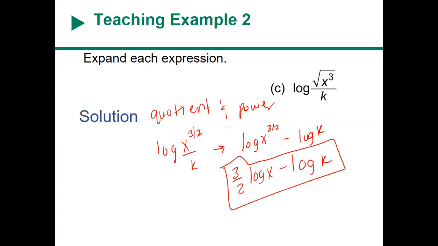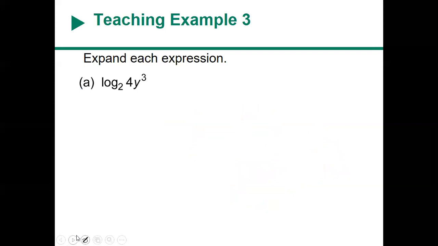How do we feel? Still good? All right. Let's do a little more. Okay, so now we have variables and coefficients, constants, all involved. So here I'm going to expand. So my plan for expanding this, I'm going to look at it and see what I have. Well, I have product and power.